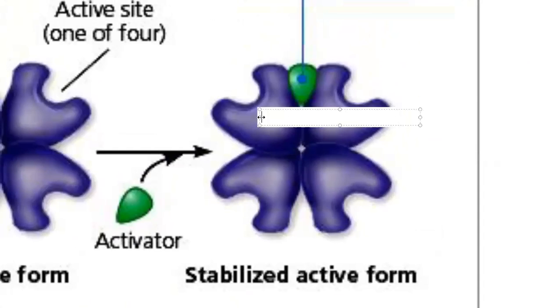A and B. A and B, when they receive the activatory signal, that signal is transferred to whom? C and D. So their active sites also come to the stable form. Understood?